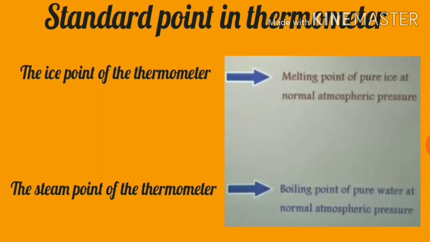Second is the steam point of the thermometer. The steam point refers to the boiling point of pure water at normal atmospheric pressure. So, these are the two standard points in a thermometer.